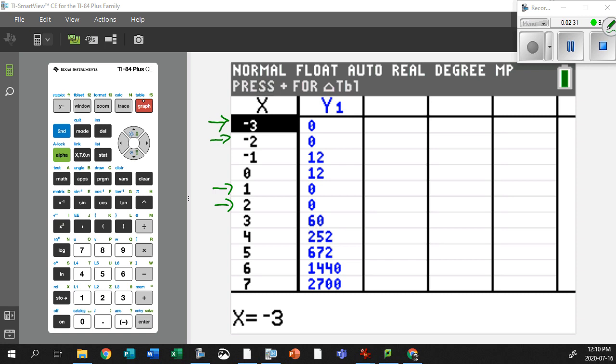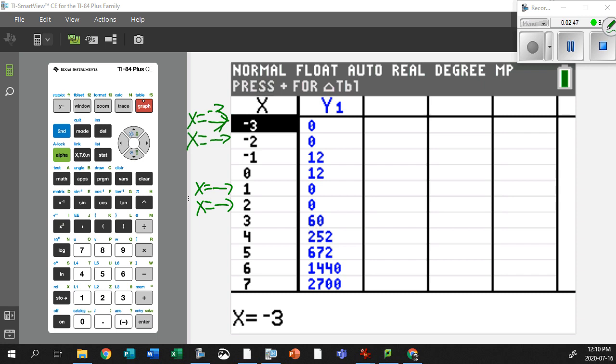So wait a second. That means x equals 1 works, x equals 2 works, x equals -2 works, and x equals -3 works. Oh my goodness.